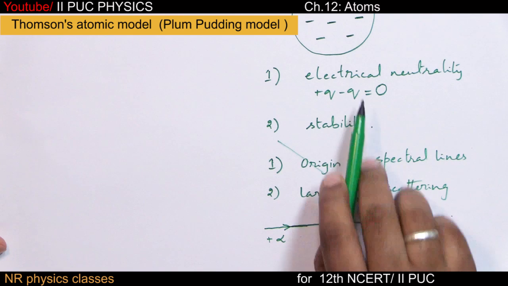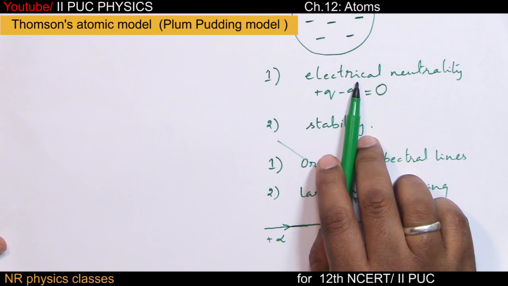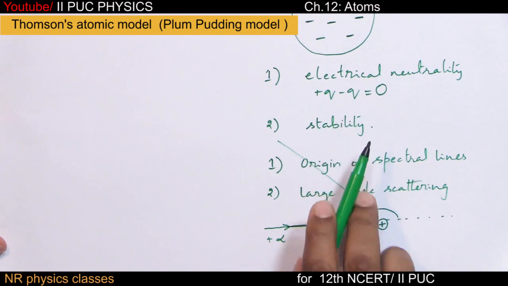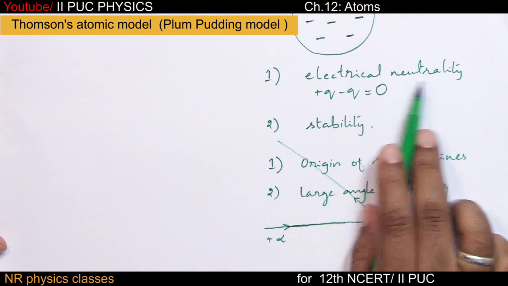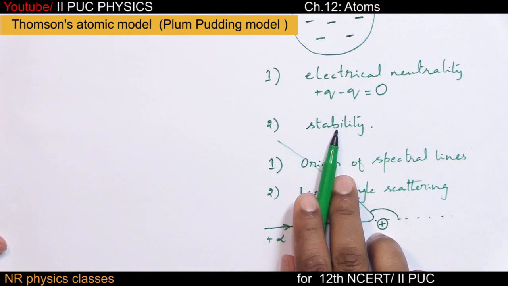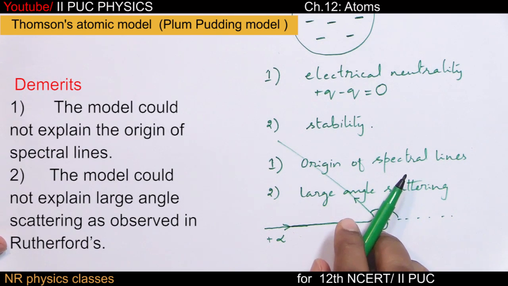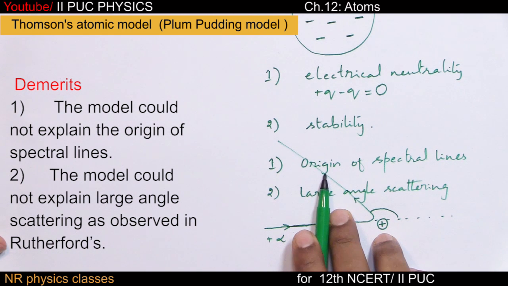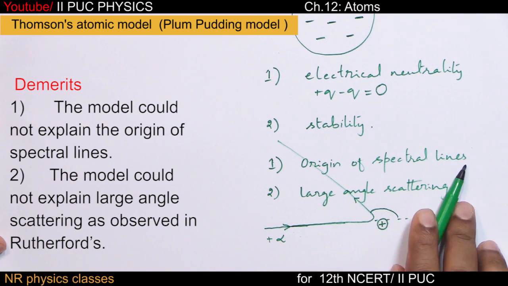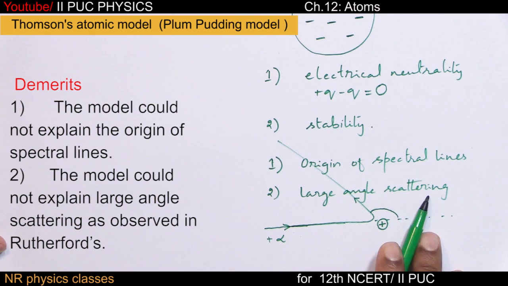So for 2 marks, merits of Thomson's atomic model: the atomic model could explain electrical neutrality and stability. For 2 more marks, disadvantages or demerits or failures: the atomic model could not explain the origin of spectral lines and large angle scattering.